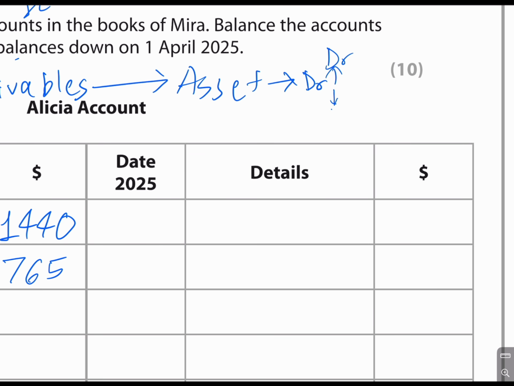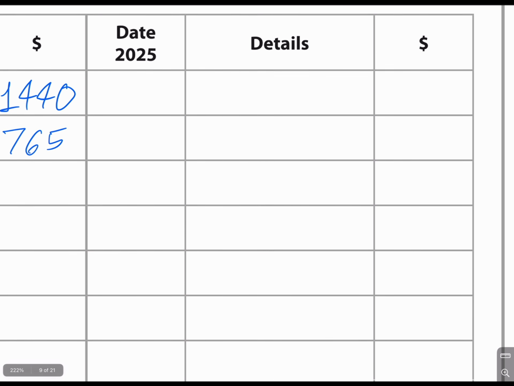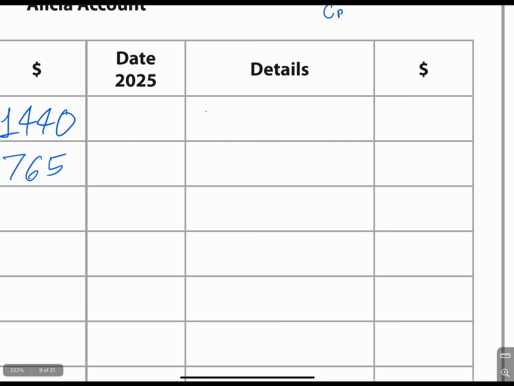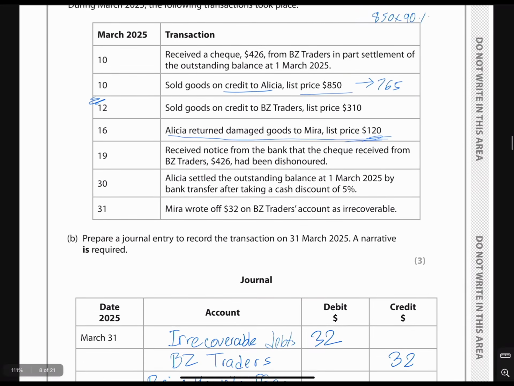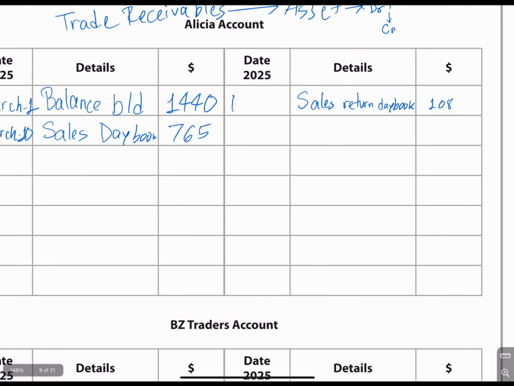As an asset is being decreased, it would be on the credit side. So you can write here sales return day book, or sales return book. How much is it? It is 108. And what was the date? It's March 16.